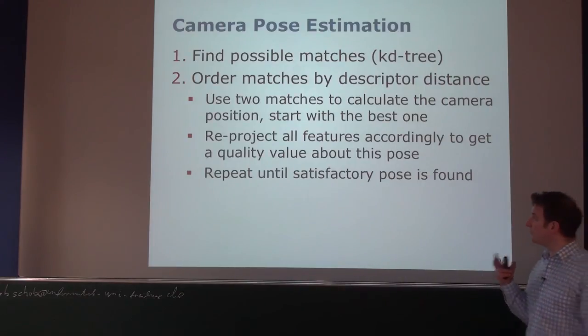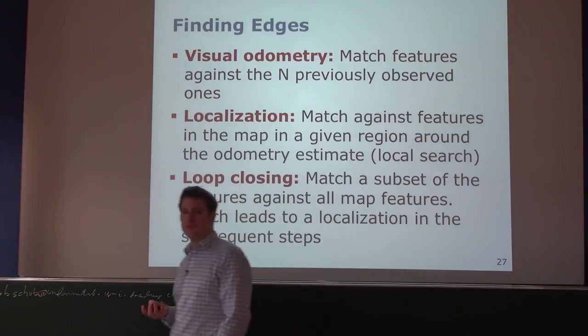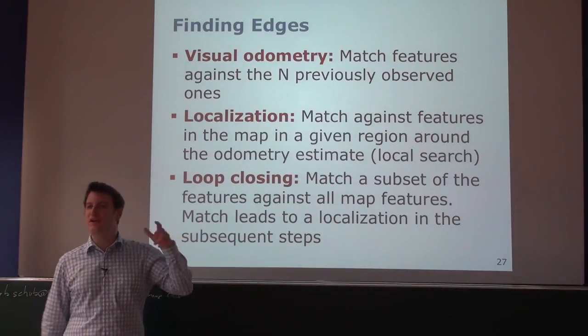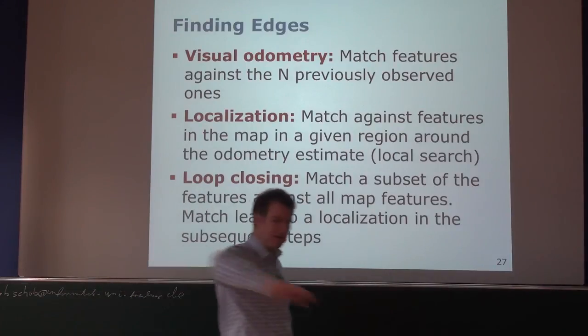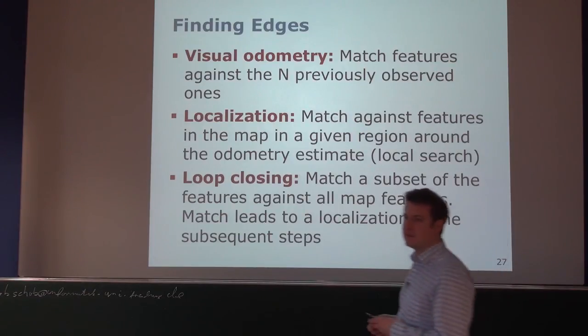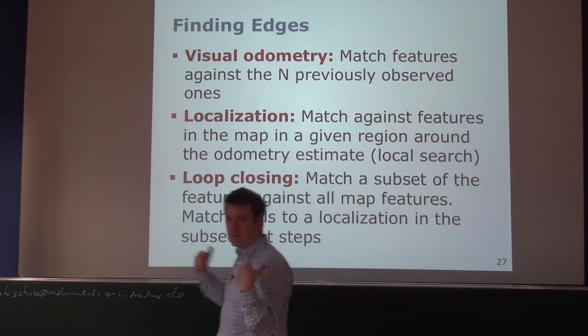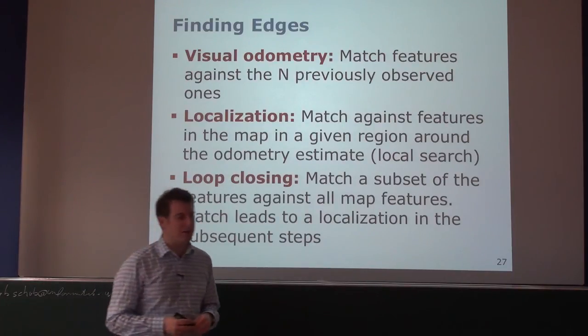This technique is used in 3 different ways in this approach. The first one is for visual odometry. So there is no wheel encoder on the camera. If you take the camera on a flying vehicle, or take it into your hand and move it over the ground, there is no odometry in the classical sense. So there's no wheel encoder which counts the revolutions of the wheels and this way gives me an estimate of where the relative poses are.